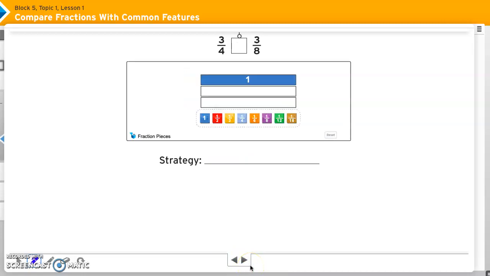Another strategy could be used for this comparison, 3/4 and 3/8. Now let's compare the fractions with the same numerator, or a common numerator. Both of these have 3. Okay? So I have 3 pieces that are the size of 1/4, and I have 3 pieces that are the size of 1/8. So you have to stop and think, which is bigger, which is smaller.